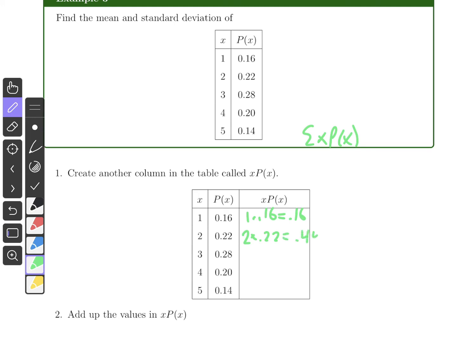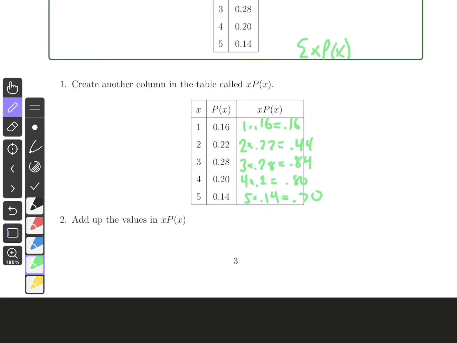And that's 0.44. This will be 3 times 0.28. That's 0.84. 4 times 0.2. That's 0.8. And 5 times 0.14 is 0.70. All right, to calculate the mean, you add those together.